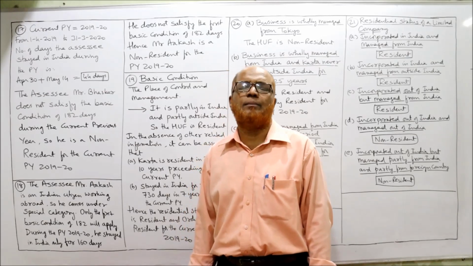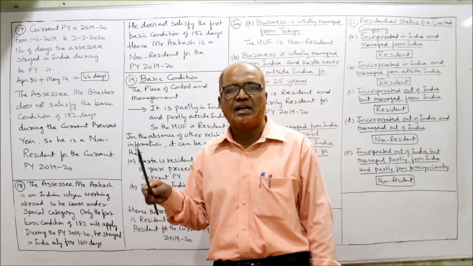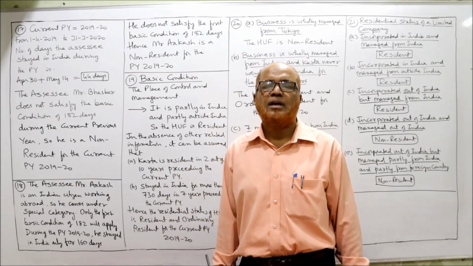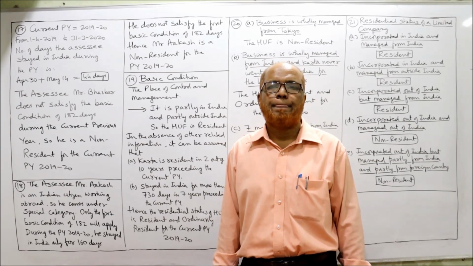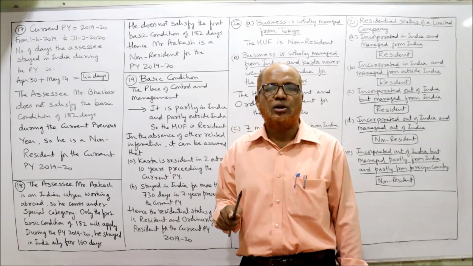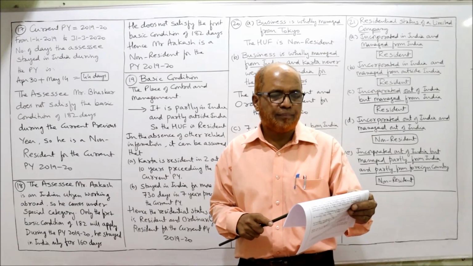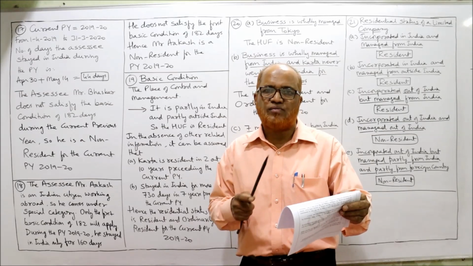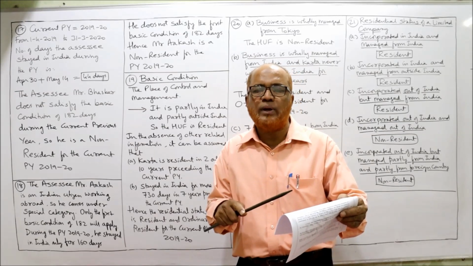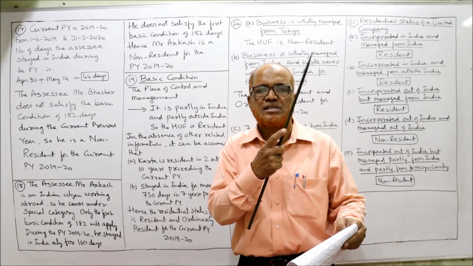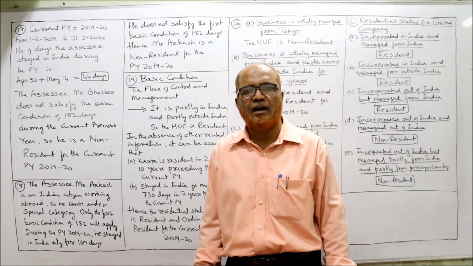Specifically given in the problem that during the current previous year he came to India and stayed for 160 days. He comes under the special category. Special category means he is an Indian citizen who is working abroad, who is appointed as a senior scientific officer. He is working abroad and came to India during the previous year for a visit, and again after staying some period, he left India.